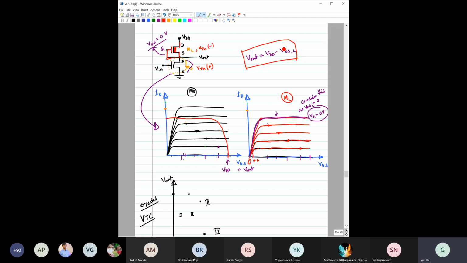So 5 minus 0.2 is 4.8, so 4.8 would be here. If you come here, this is 5 volt, so it is 5 minus 5, which is 0. So that 5 volt would come here, and this point would be plotted here. Like that you can make a mirror and plot it here.